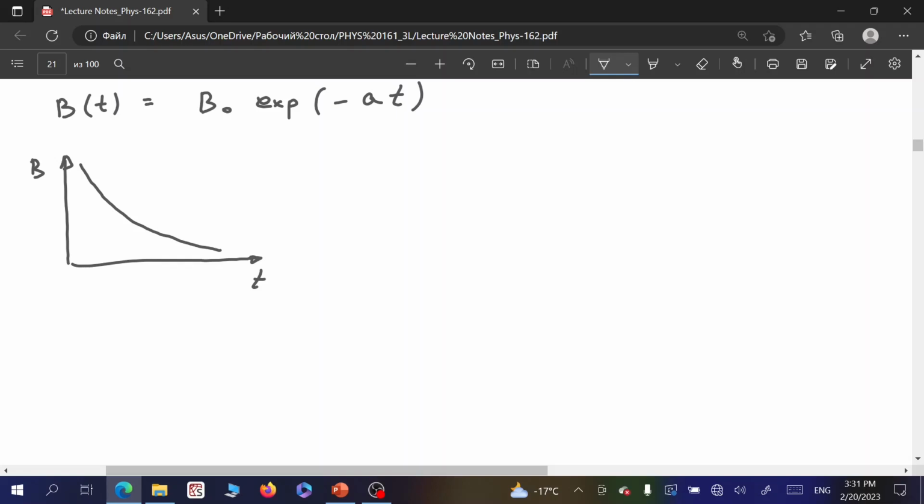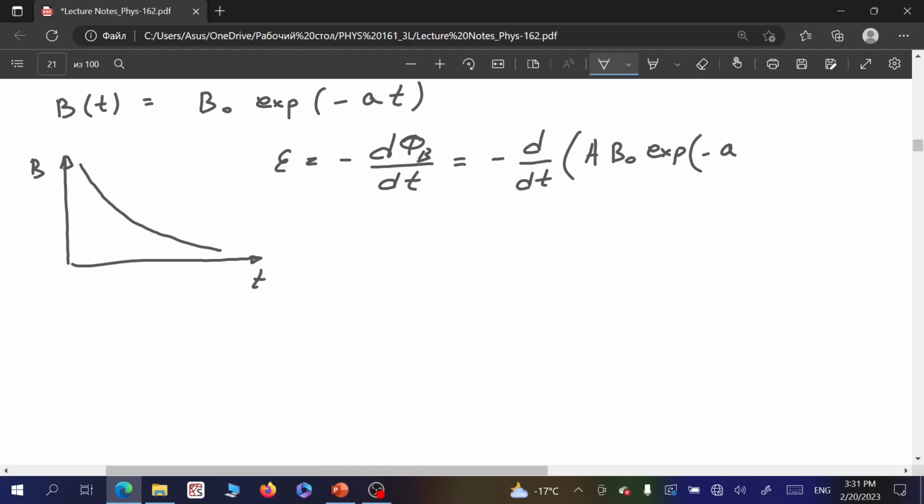So in this case, electromotive force is equal to negative dΦB over dt according to Faraday's law, and we take this derivative. So it's the first derivative over time of this expression. So it will be area times B naught times exponent minus A times t.